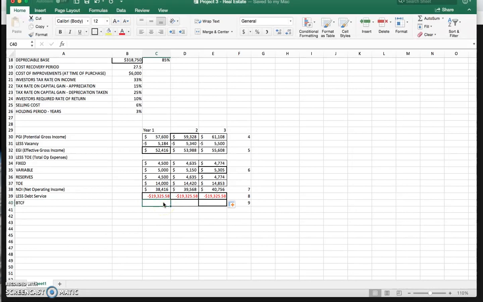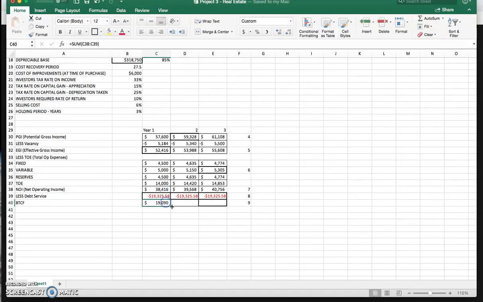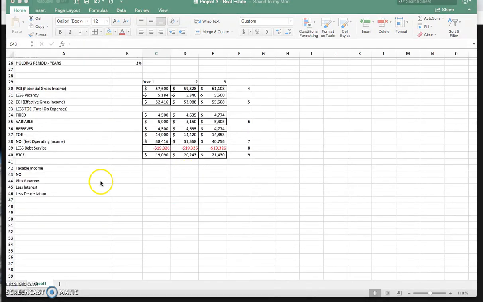And then to get the before tax cash flow, it's just going to be the net operating income minus the debt service. Then to calculate taxable income, first we're just going to plug in the net operating income, which we have above.